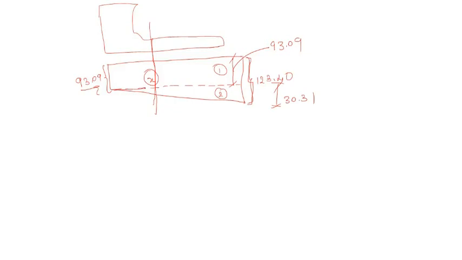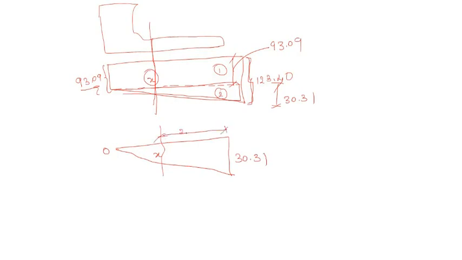So I will take this triangle separately, shifting it here. This will be 0, here it is x, and here it is 30.31. This distance is 2.69, and the full distance is 3 meter.